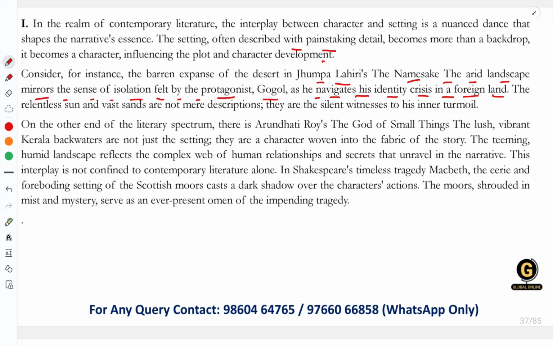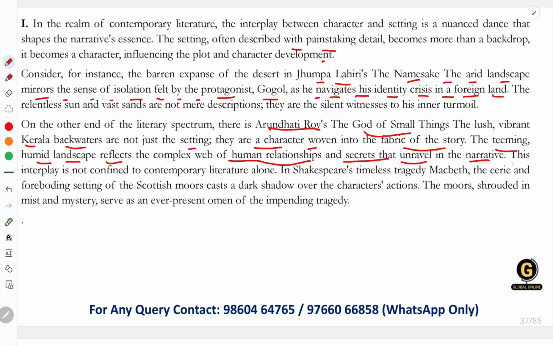On the other end of the literary spectrum, there is Arundhati Roy's The God of Small Things. The lush, vibrant Kerala backwaters are not just the setting, they are a character woven into the fabric of the story. The teeming, humid landscape reflects the complex web of human relationships and secrets that unravel in the narrative.